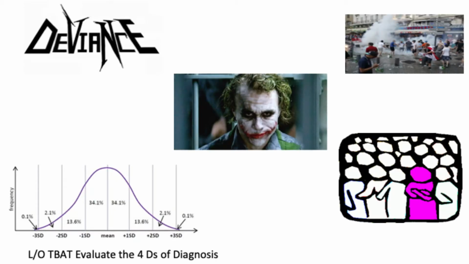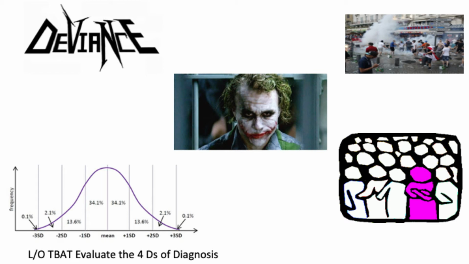So here are some graphical examples. You've got the Joker in the middle with his fairly abnormal behaviour. You've got rioting at the top right hand corner. You've got somebody feeling out of place and very different, deviant from the rest, if you like. And then you've also got the statistical definition down there as well.